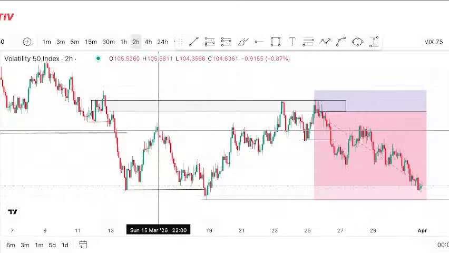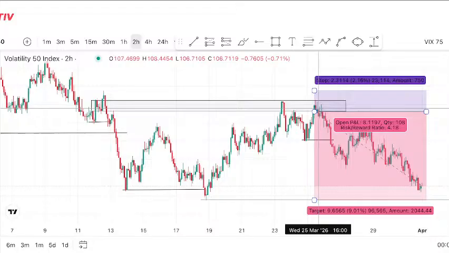You can see that price just found its way back to that zone. Then price did this movement here, then you can see that price is already close to take profit.